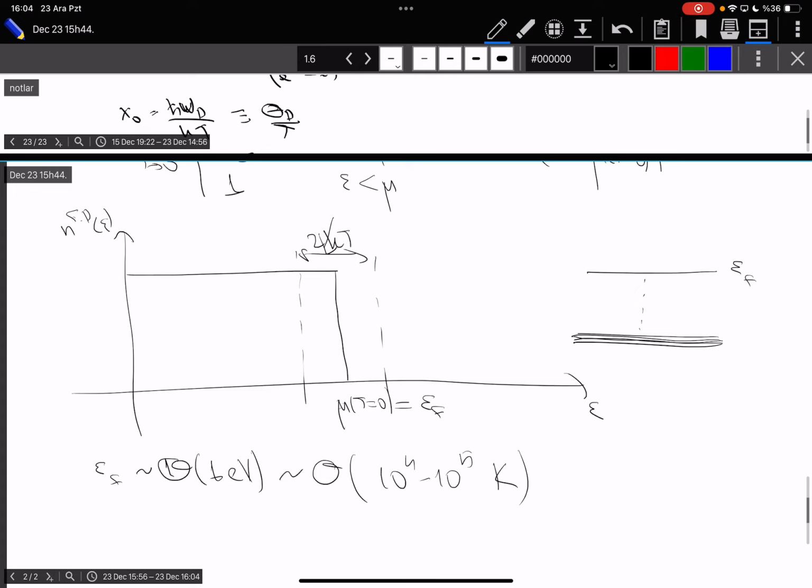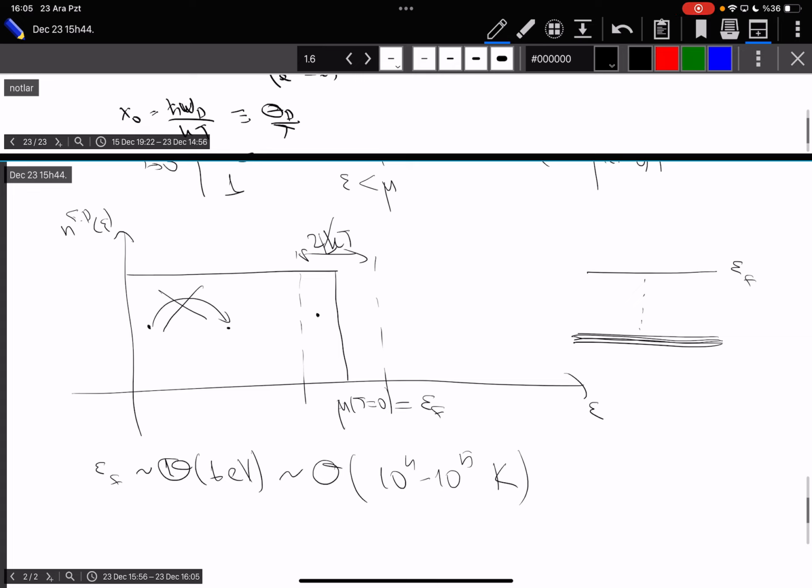Now, if you consider an electron at this level, if it tries to absorb that energy kT, it will try to go to some state over here. But that state is already occupied. So that electron cannot absorb this thermal energy. Only electrons close to the Fermi level can.